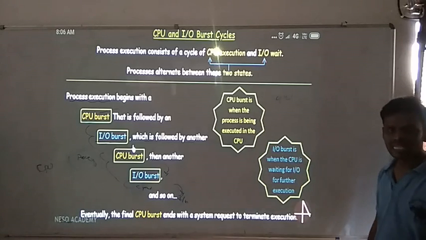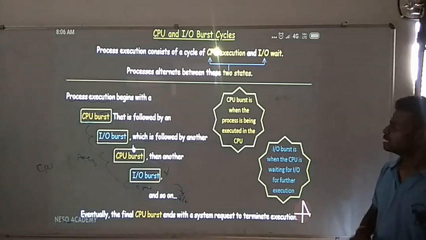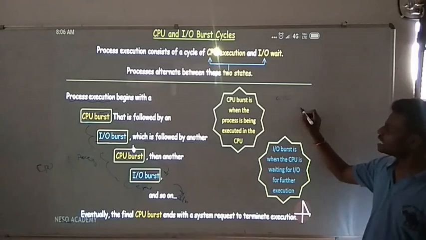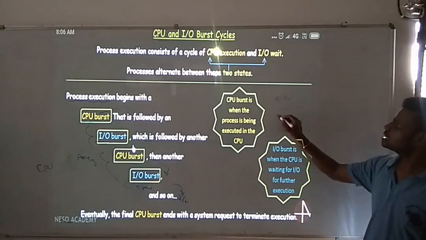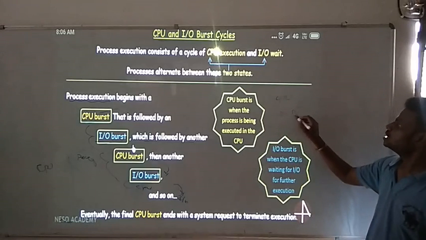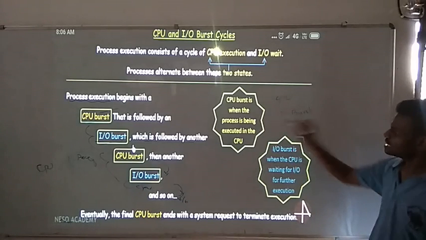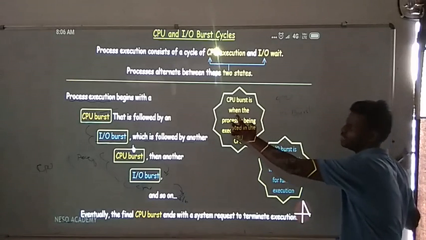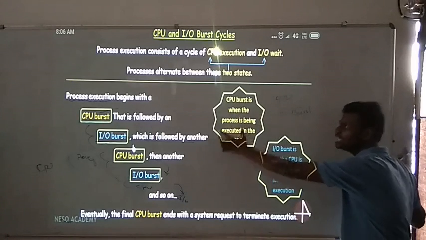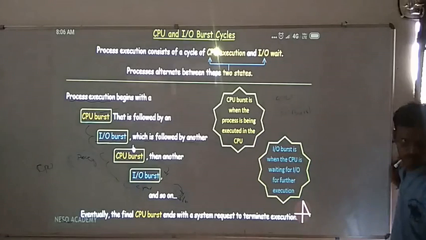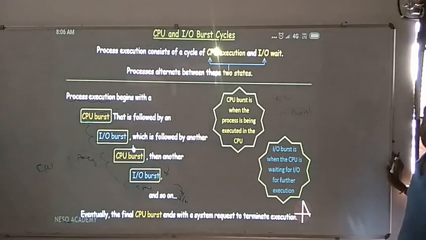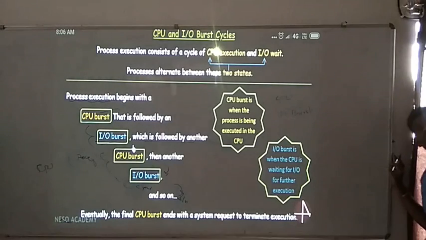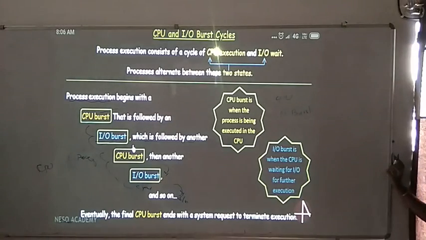Whatever time is taken to execute the process by the processor falls under CPU burst. That is the reason they have given the definition like this: CPU burst is when the process is being executed in the CPU. Why are we calling that being executed? Whenever we are executing, we may require a number of IO devices, IO input output operations.